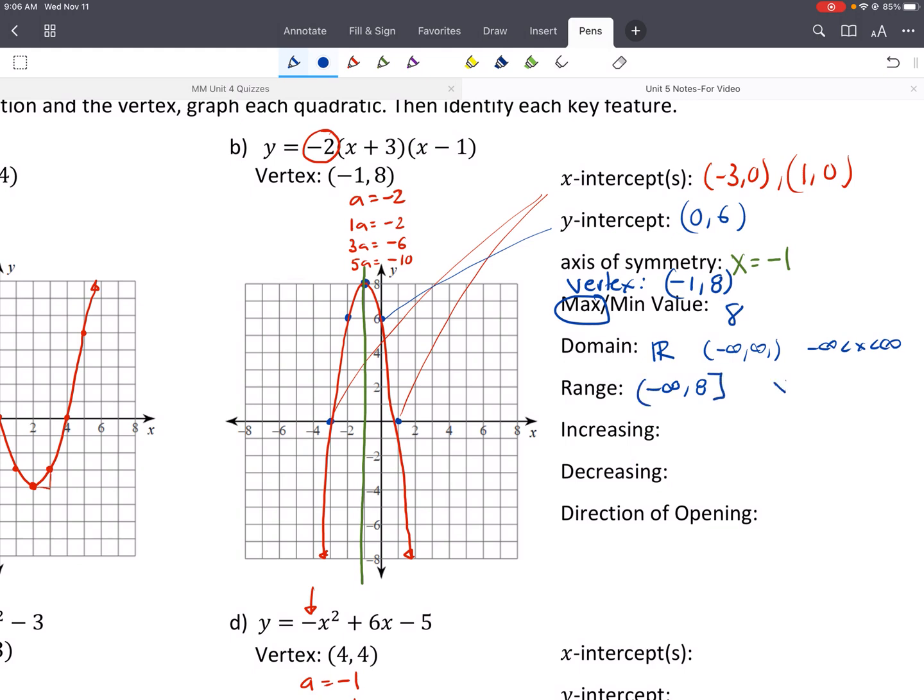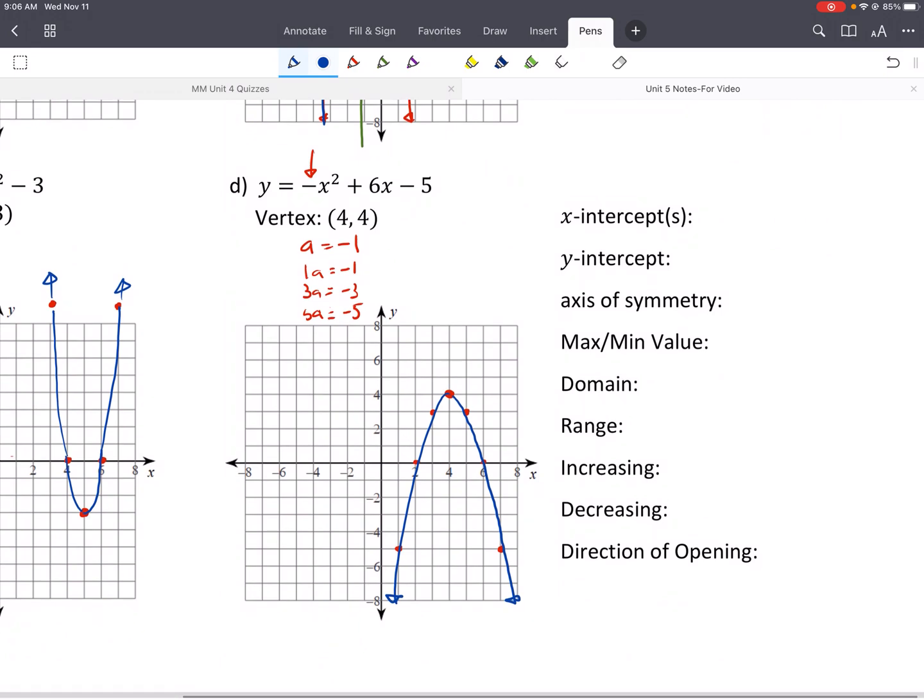We could also write it as y is less than or equal to 8. Increasing, so where the slope is increasing, our rate of change is positive. So that left side would go from negative infinity to -1, or we could say all x values less than -1. And decreasing would go from -1 to infinity, or where x is greater than -1, and the direction of opening is down.